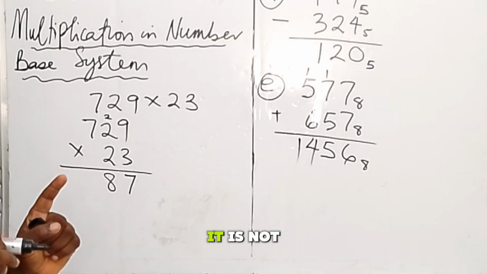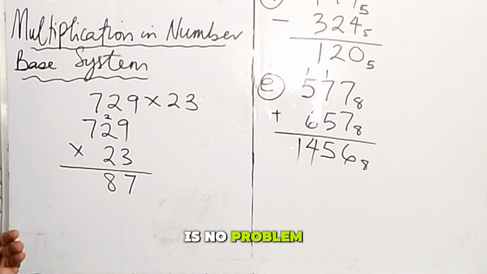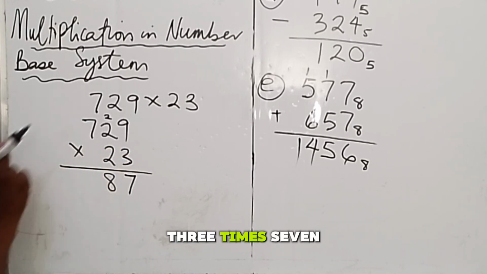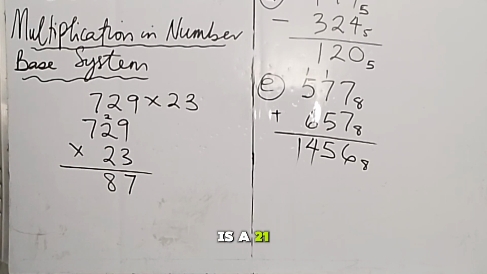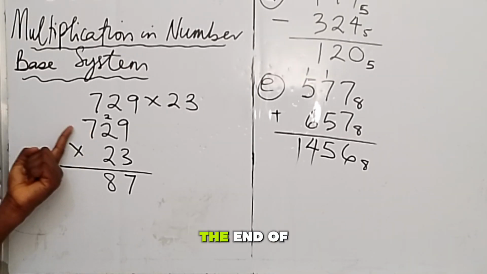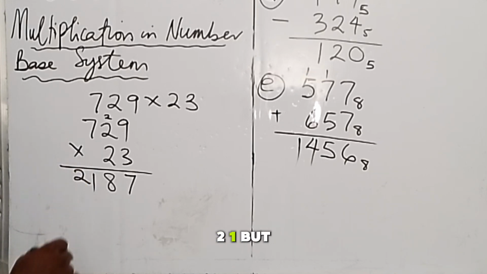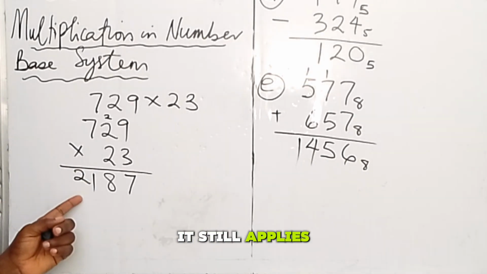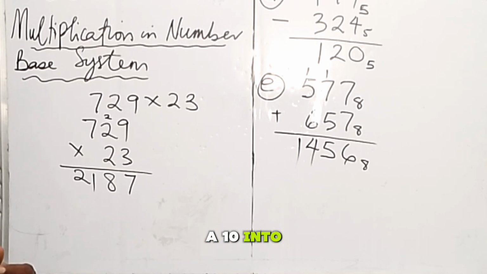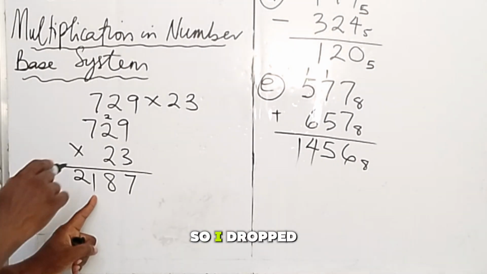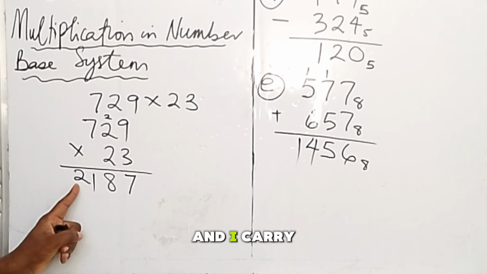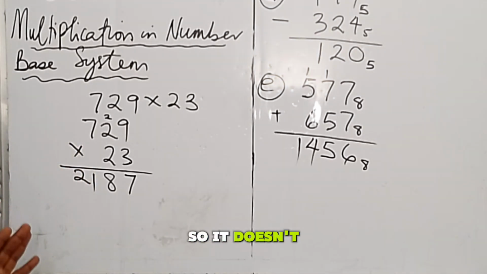As far as it is not above 10, there is no problem. 3 times 7 is a 21. Because it's at the end of the number here, it doesn't really matter. 10 into 21 is 2 times, remainder 1. So I dropped that 1 here and I carry 2.